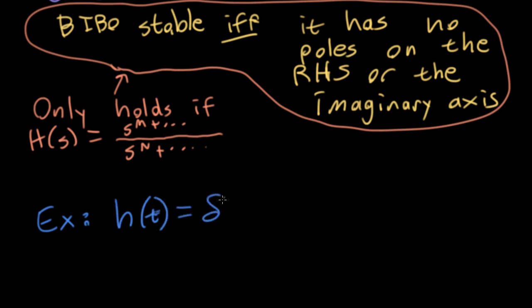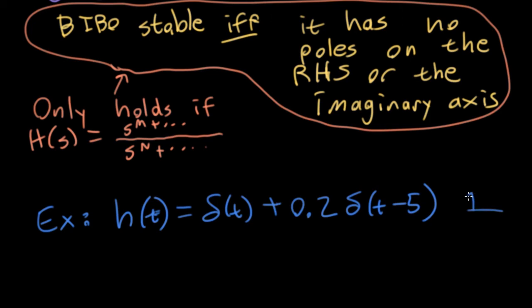For example, what about this system? Suppose you had a system that takes the input and then adds to it an attenuated version of the signal delayed by 5 seconds. This is a perfectly realistic system because this corresponds to a system where you're recording a signal subject to some kind of echo.